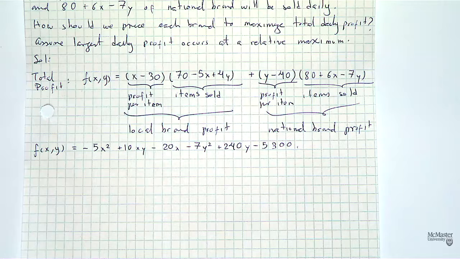Find the critical points, evaluate with this function D, which is a determinant, to find if it's a saddle point or a relative maximum or minimum, hopefully maximum. Once I do that, verify with the criteria to see if it's actually a maximum, and then that would be my solution.